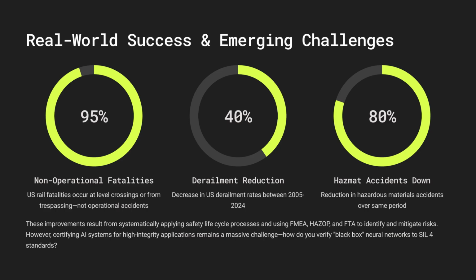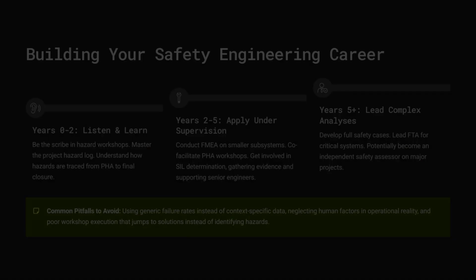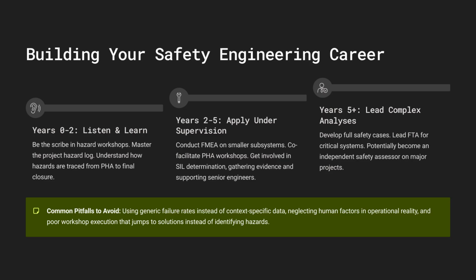Okay, for everyone listening who's maybe studying engineering or just starting out and thinking this railway safety field sounds interesting, let's get practical. What are the essential skills, the competencies needed to actually do this work successfully, both hard and soft skills? Right. On the hard skills side, you absolutely need mastery of these core risk assessment methods we've discussed, FMECA, HAZOP, FTA.